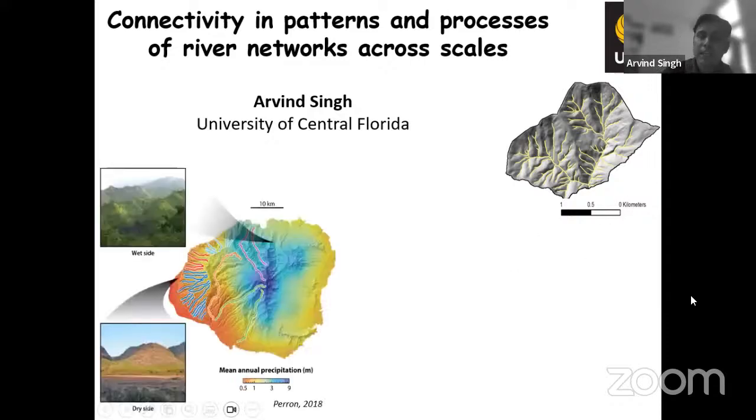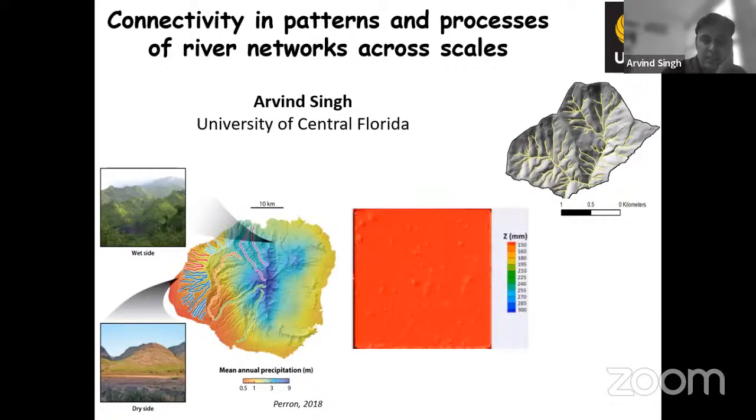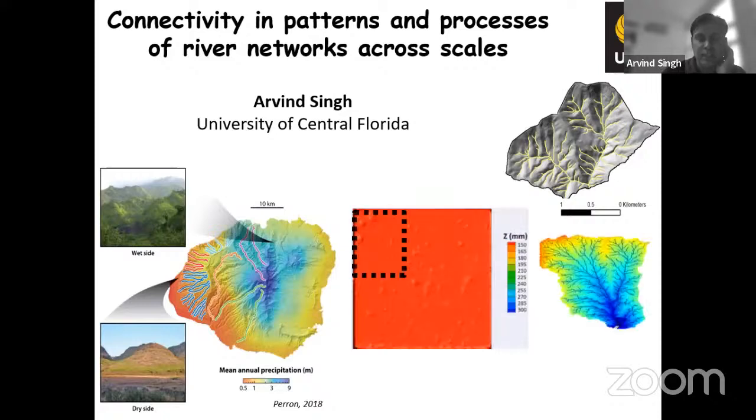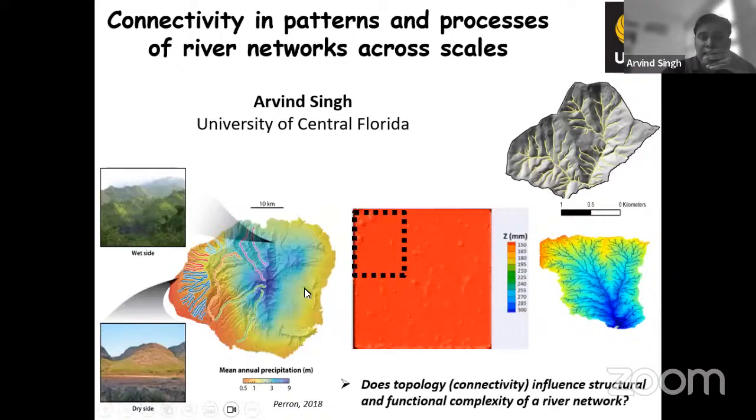The picture on the left is from two different landscapes exhibiting humid versus dry environment basins. The picture on the right is from physical experiments that we conducted at the St. Anthony Falls Laboratory, where we can see the evolution of networks as the precipitation and uplift come into play.